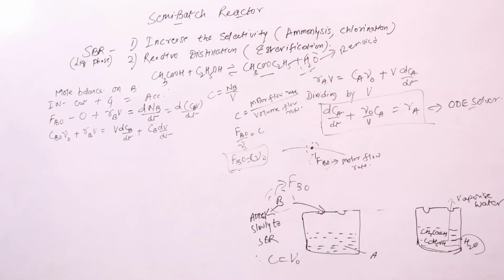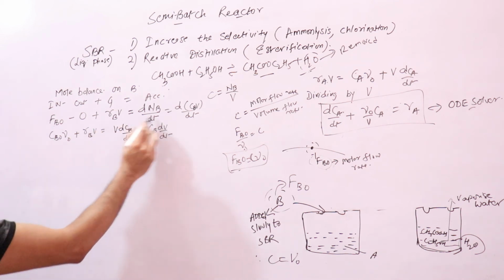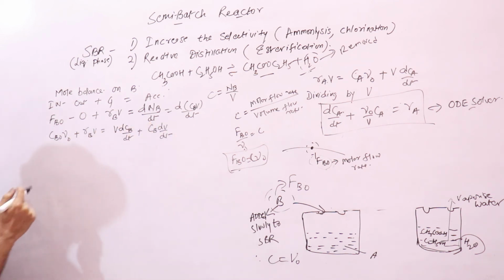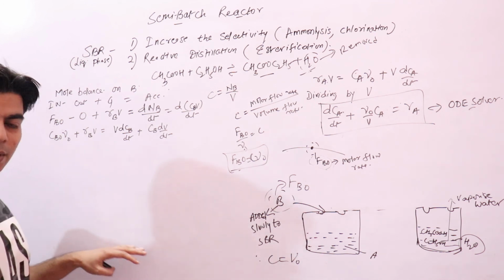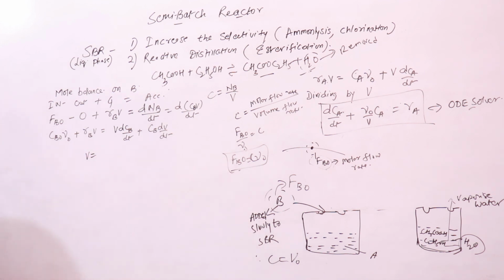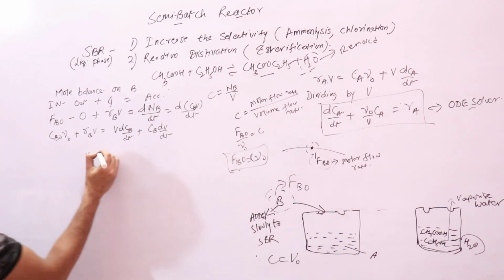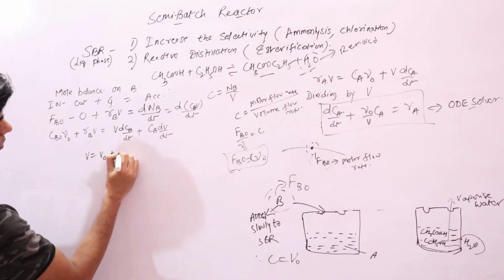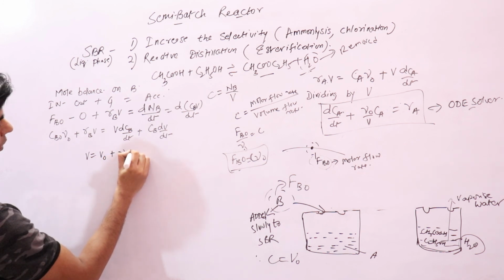This is something you've got. Now if you remember, we did this when we were doing the mole balance on A. We got this equation, V equals V0 plus nu 0 t.